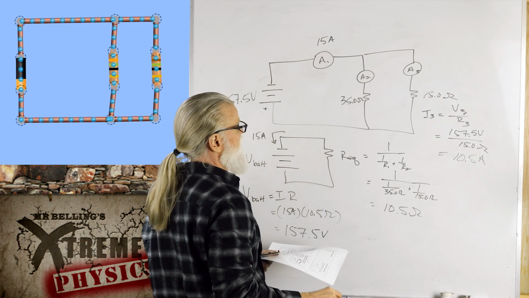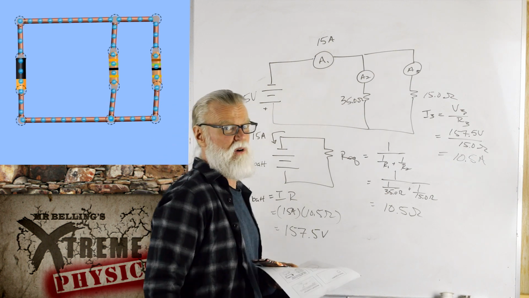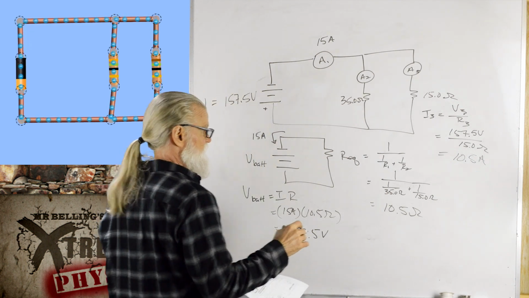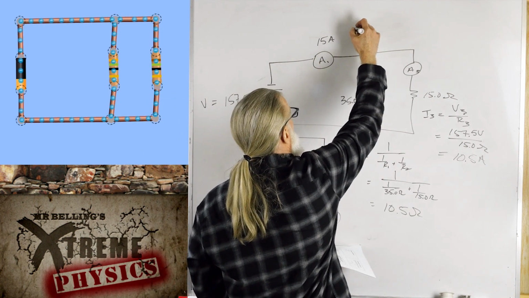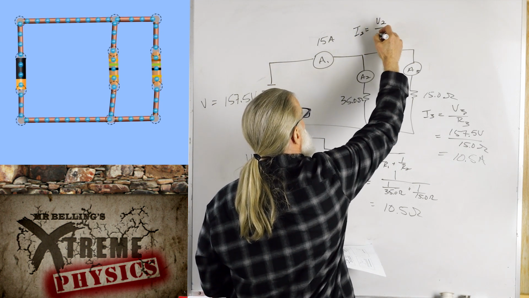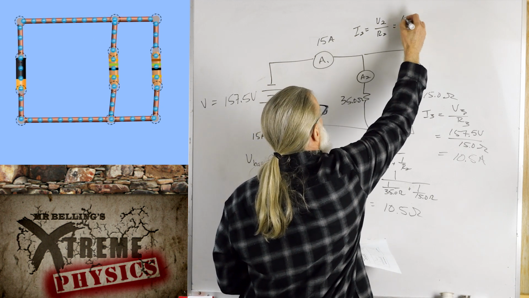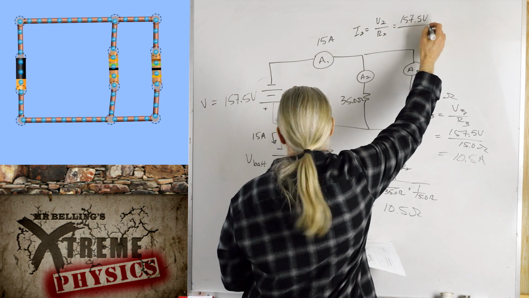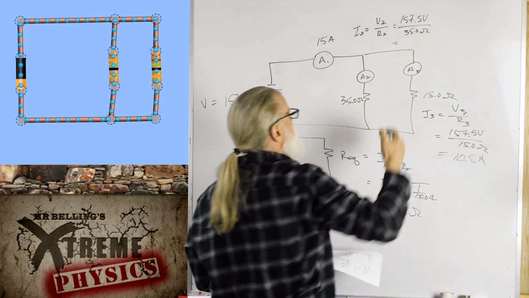All right. Well, if that's 10.5, this better be 4.5. Let's see if it is. I2 equals V2 over R2 equals 157.5 volts divided by 35 ohms.